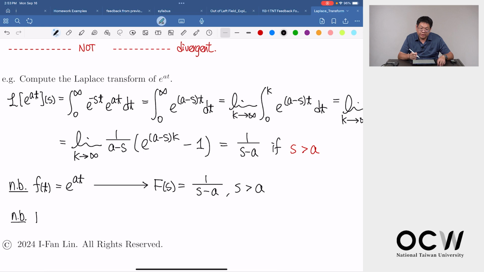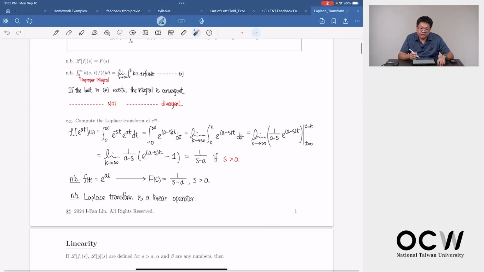Second note, the Laplace transform is a linear operator. So now, since it is a linear operator, let's see the linearity.